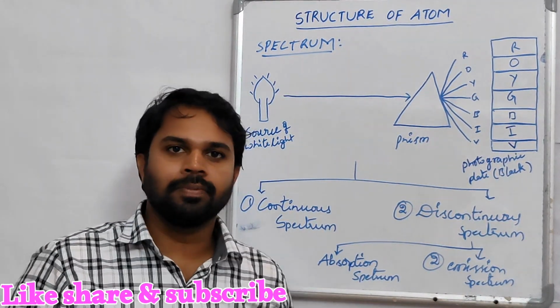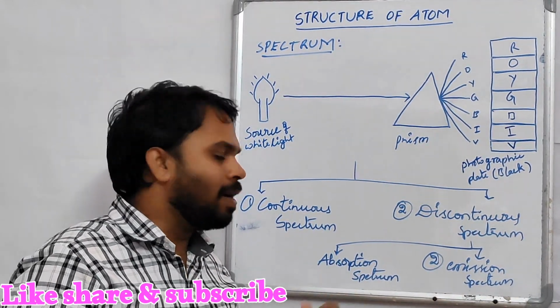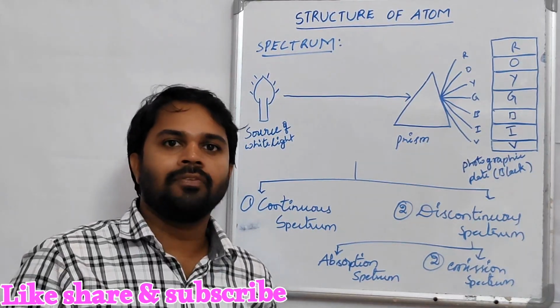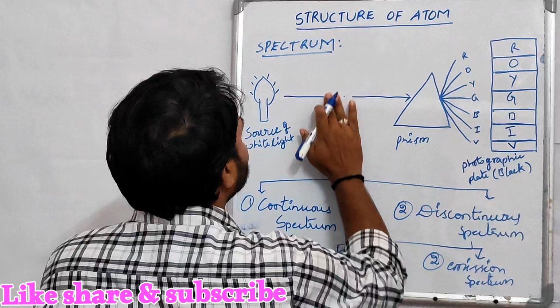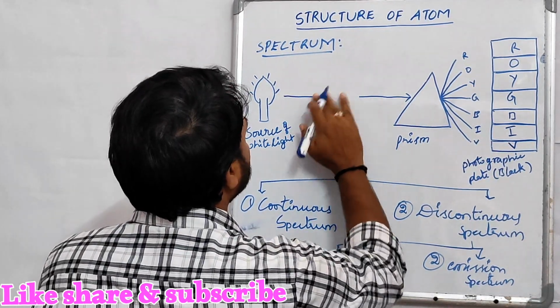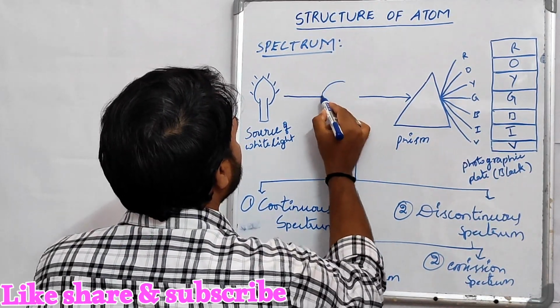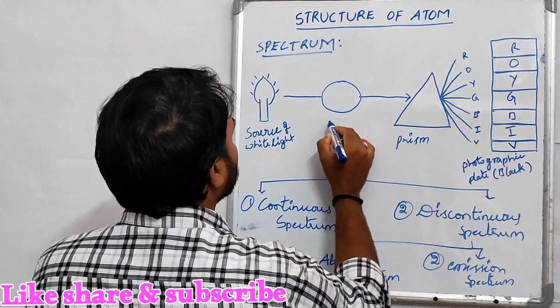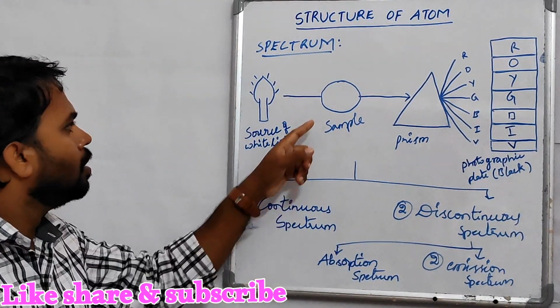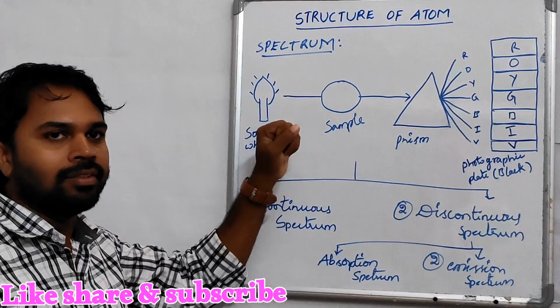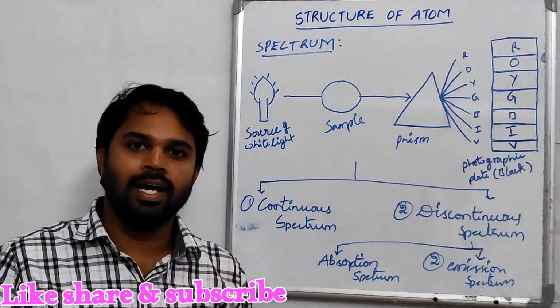Now come to the absorption spectrum. The spectrum formed after absorption of radiation. Let's understand. This is the sample which I am taking. It is made up of atoms.